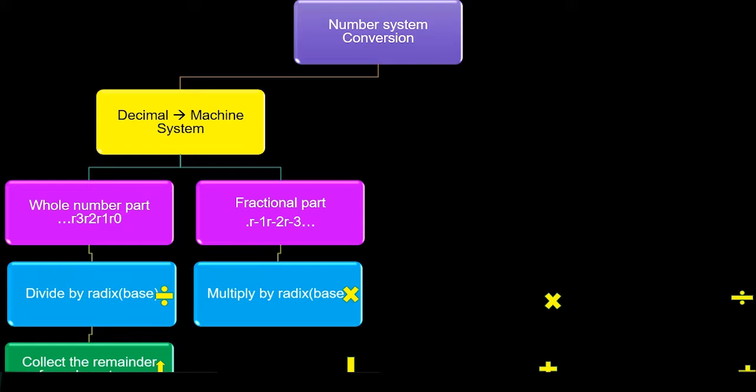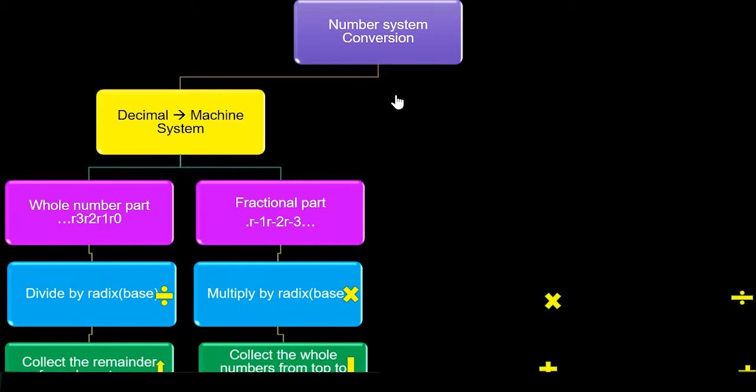After that we have to collect the values of the fractional part from top to bottom. So this is how the conversion from decimal to machine system takes place. I have given clear examples in video 1 and video 2 for the decimal and the machine system.